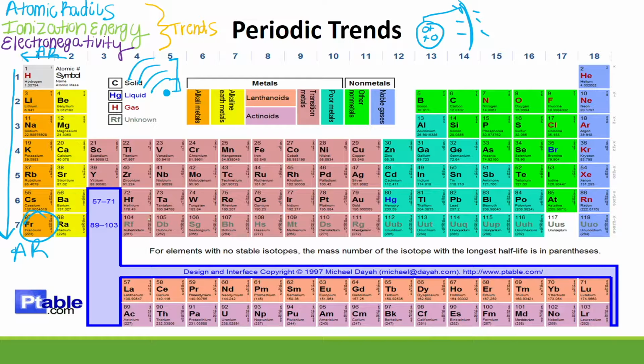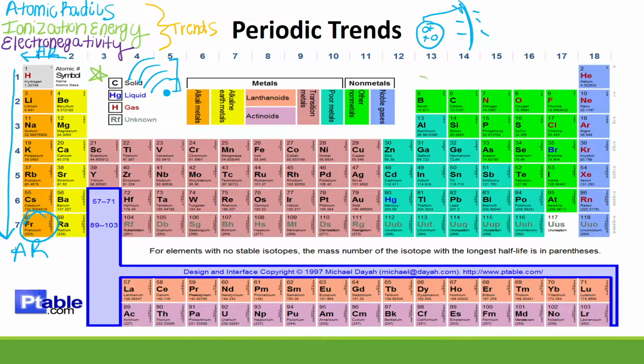The metals are going to form ions and lose their electrons to form a perfect octet, while the halogens and other nonmetals are going to want to gain electrons. So the metals over here are going to have lower ionization energies because they want to lose electrons rather than gain electrons.